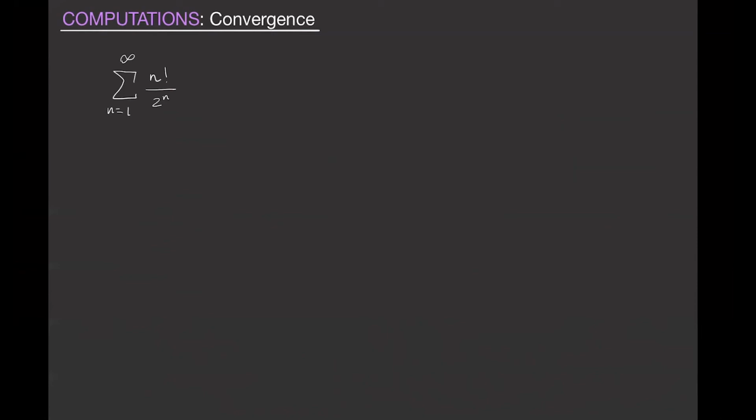The question is, is this something we can say is divergent by the divergence test? Now, what the divergence test says is look at the terms and decide, do they go to 0 or not? If they don't go to 0, then you can guarantee that it's divergent.